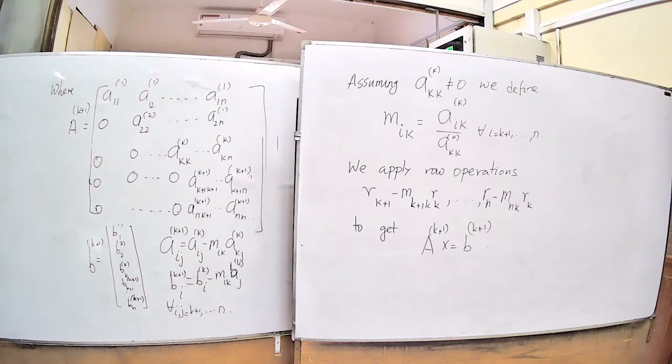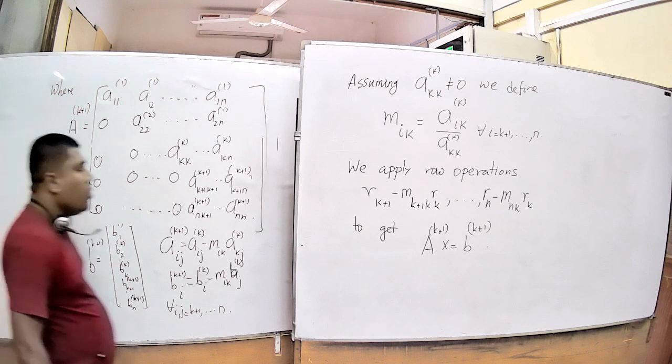If we can eliminate elements below the diagonal up to k minus 1 columns, then by using the same process, we can eliminate elements below the diagonal on the k-th column as well. So by mathematical induction, you can do this for all the rows.